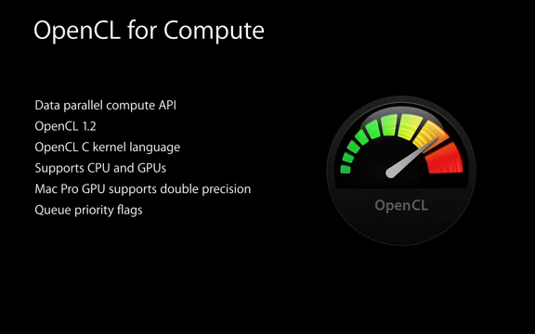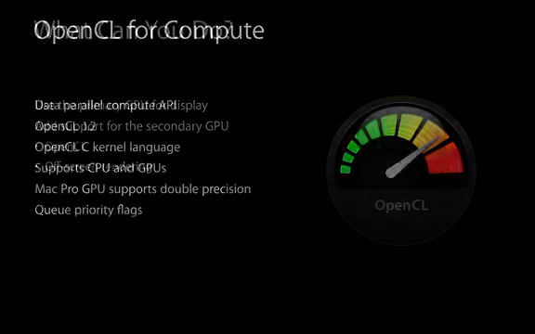You can send that work off to a lower priority queue, and then if higher priority work comes to the GPU, the lower priority work won't interfere with, say, rendering work that was being used to display the GUI in the system. So if you take advantage of these extensions, you can work around some of the challenges that we'll talk about in a little while.